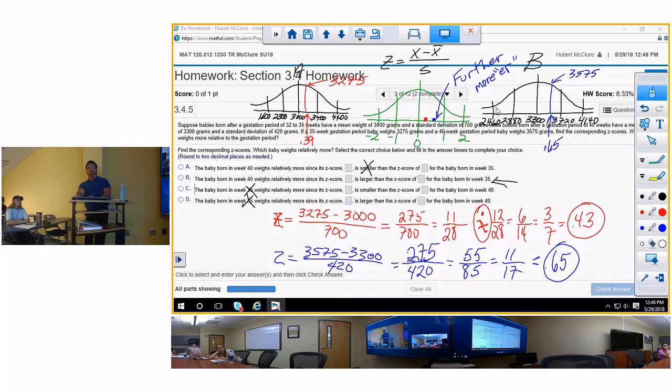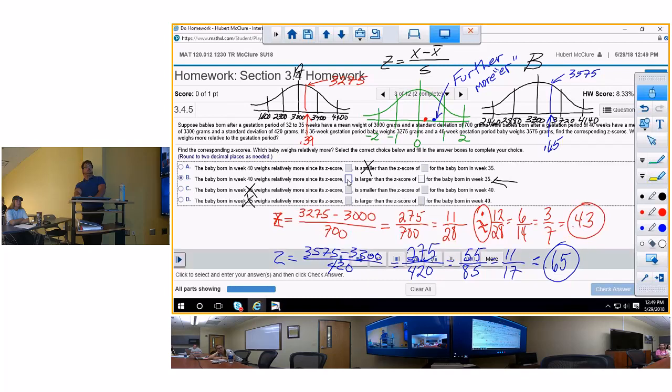They're about the same. But you can't compare them on the same scale like that, because this one is 32 to 35 and this one is 40. So you can't compare the two on their individual scales. So what you have to do is make a z-scale. So then you have to calculate the z-scores.